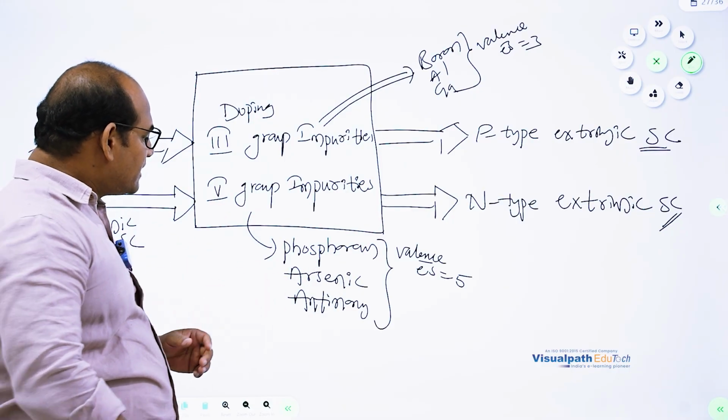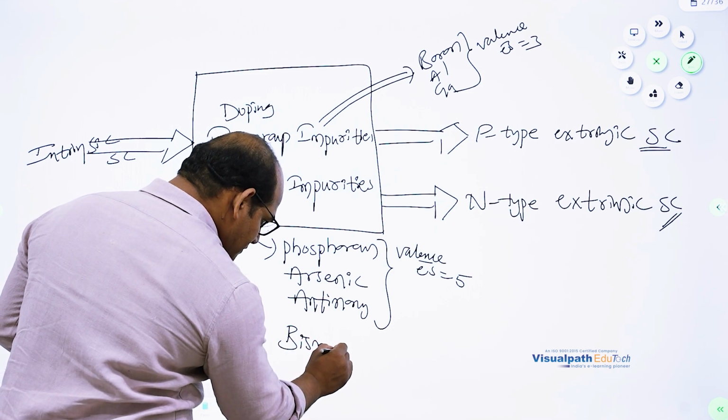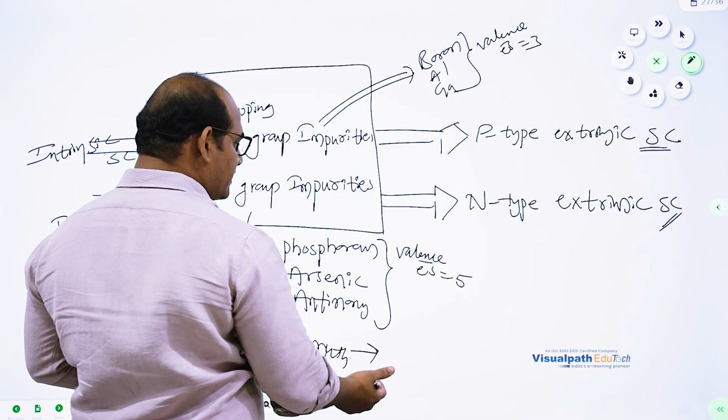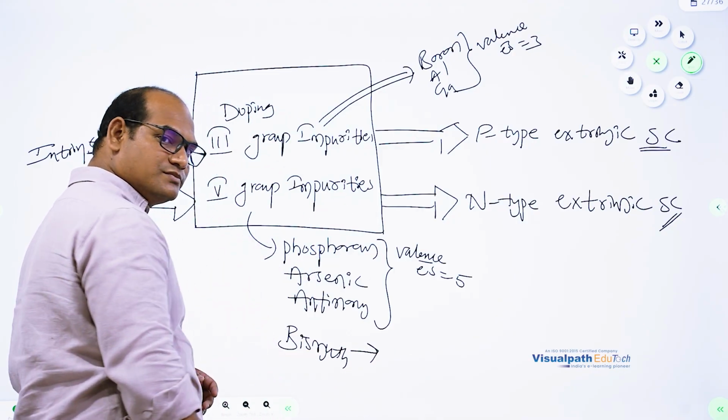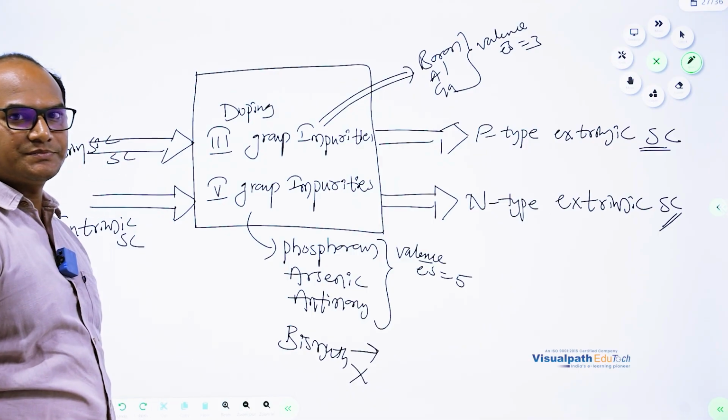In the fifth group, you can observe bismuth also. But bismuth cannot be treated as a fifth group impurity. Bismuth we cannot use. Remember that point.